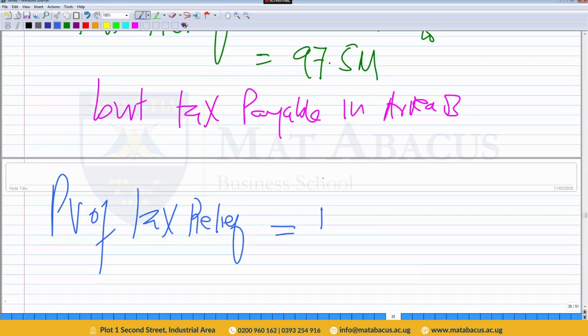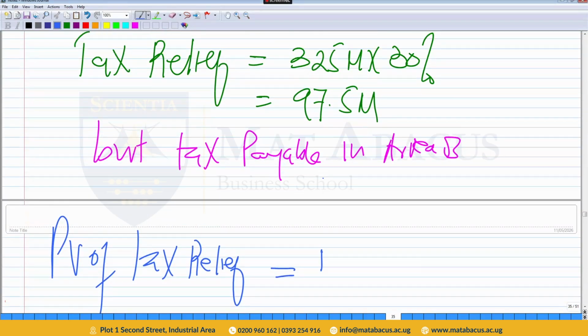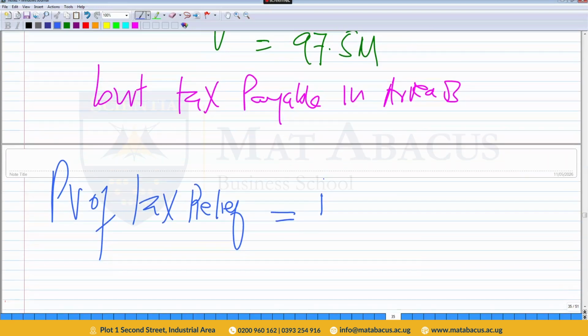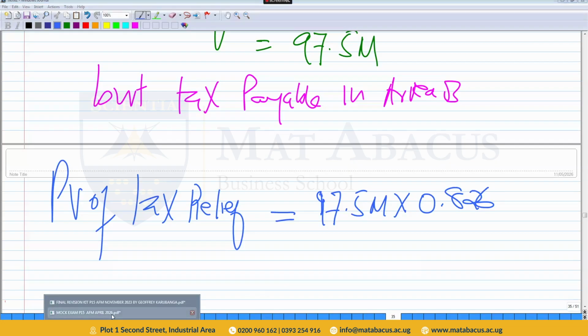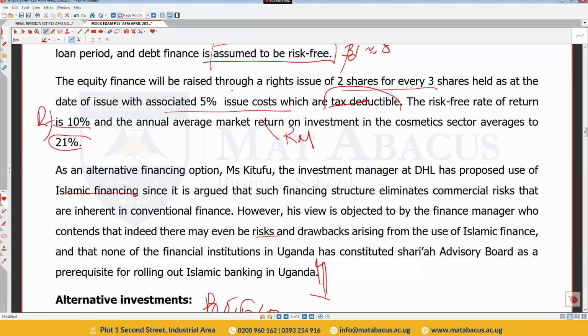Not 136. It is 97.5 million. We multiply by the discounting factor, which we got earlier as 8.26. Wait a minute. In which year is this issue cost coming? Let us see. I think that is it.